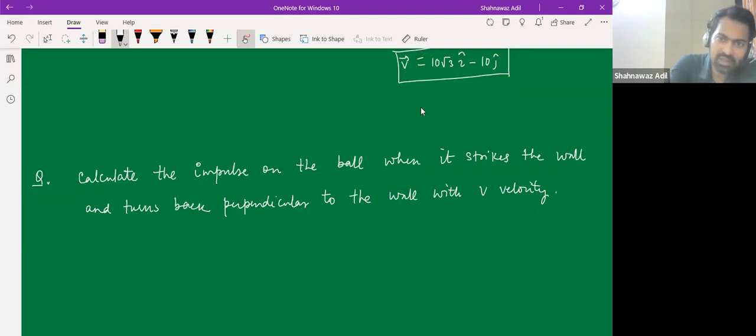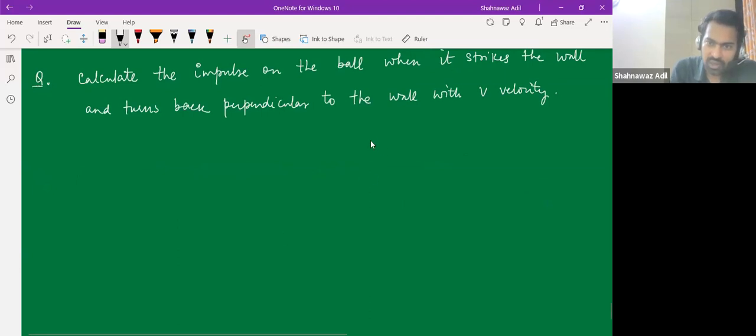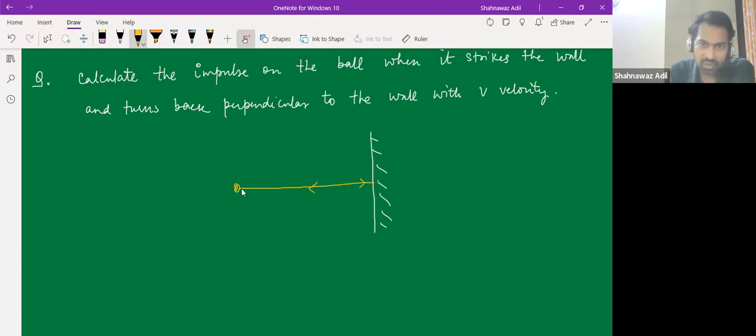The pictorial diagram is what? So we have this ball, which strikes this wall and then turns back, right. So first it strikes this wall and then turns back. So we have to calculate the impulse. So what do we know?